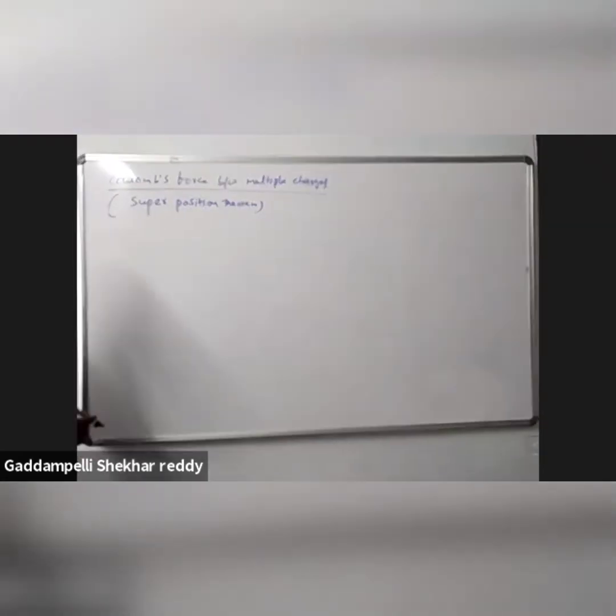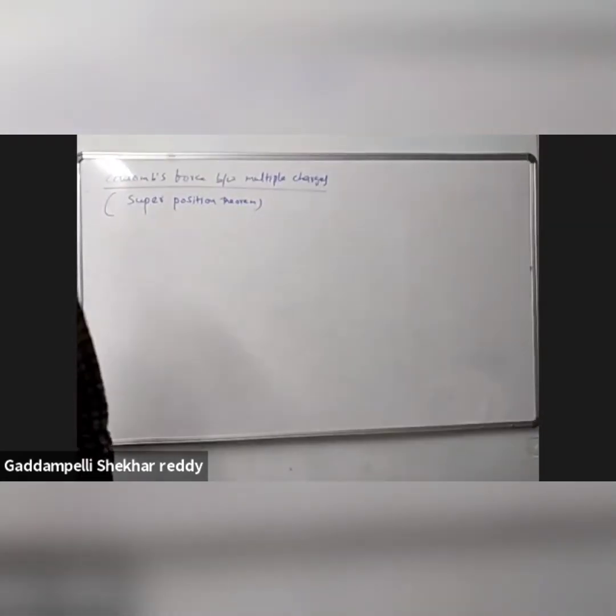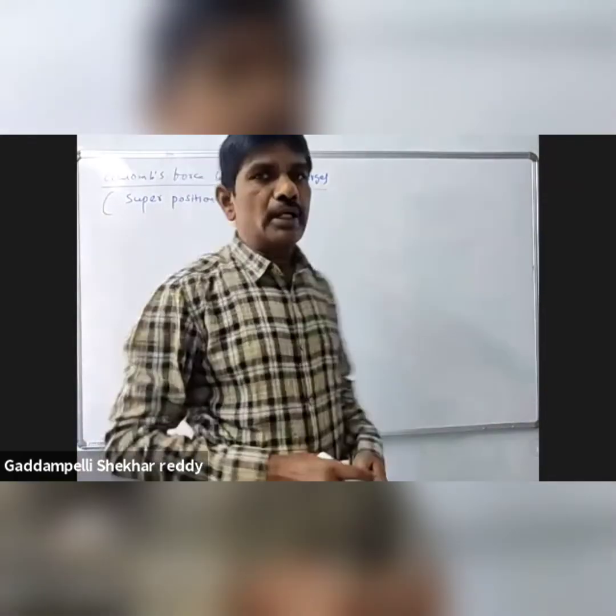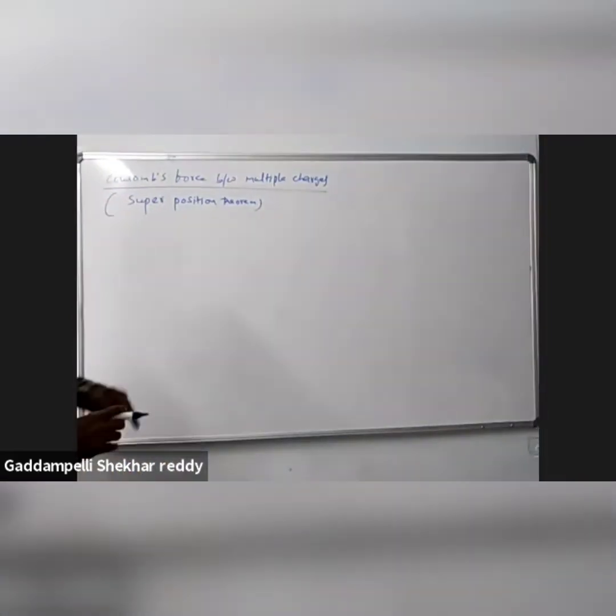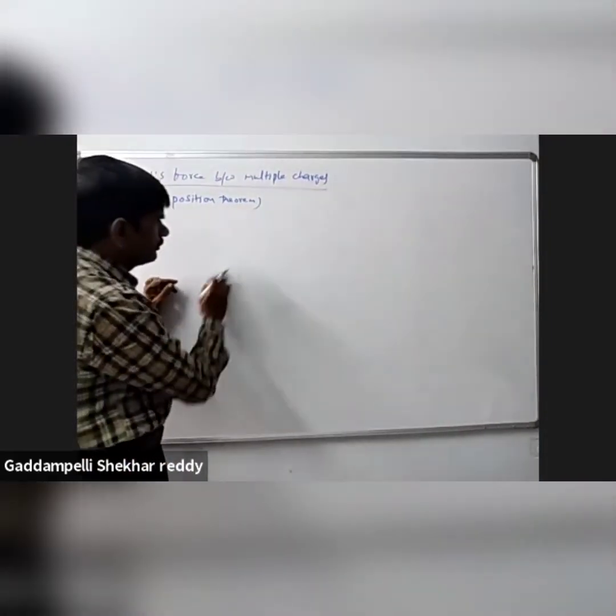Now consider a number of point charges, let Q1, Q2, Q3, and so on up to Qn, placed as shown in the figure.